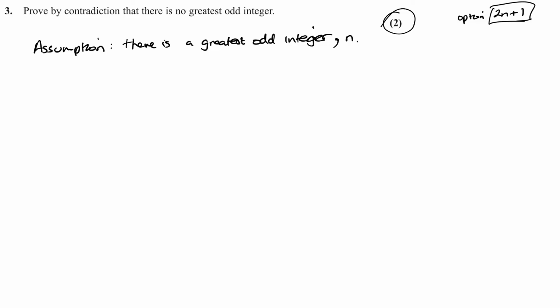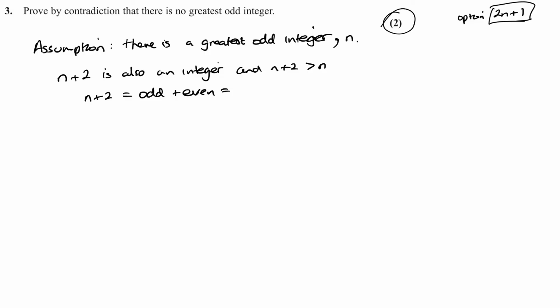Okay? And then we go with, well, n plus 2 is also an integer, and n plus 2 is greater than n. n plus 2 is an odd plus even, therefore it is odd.